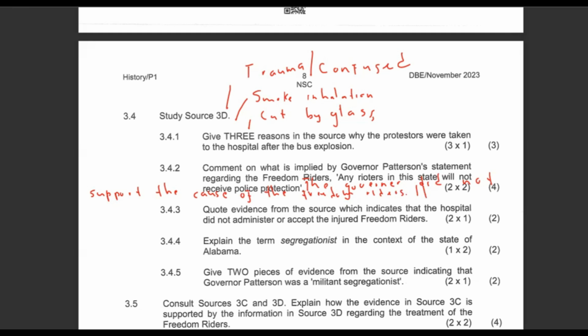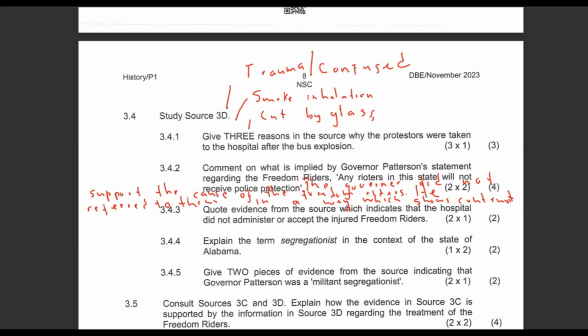Then he actually referred to them as rioters instead of freedom riders. So he referred to them in a way which shows contempt, or hatred.